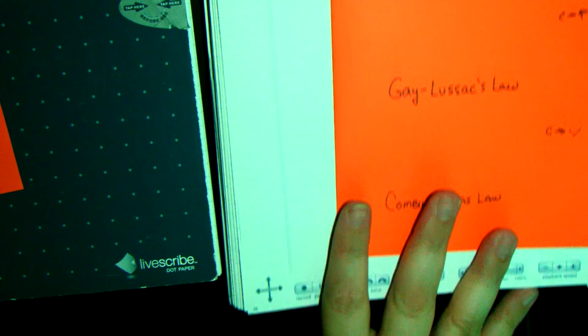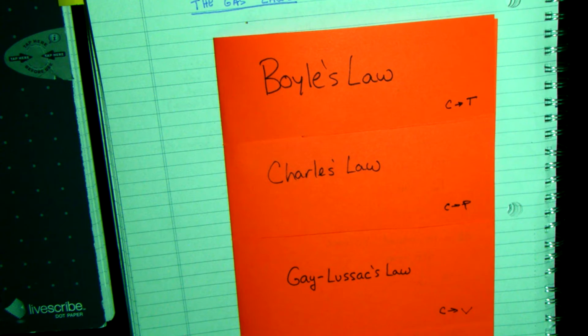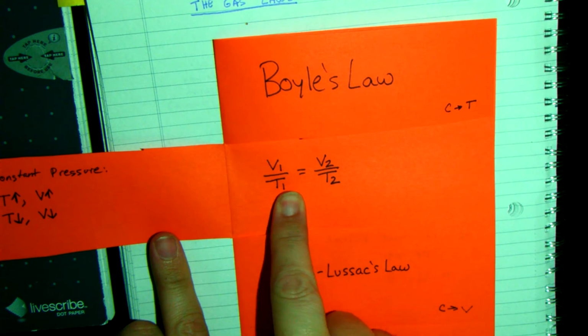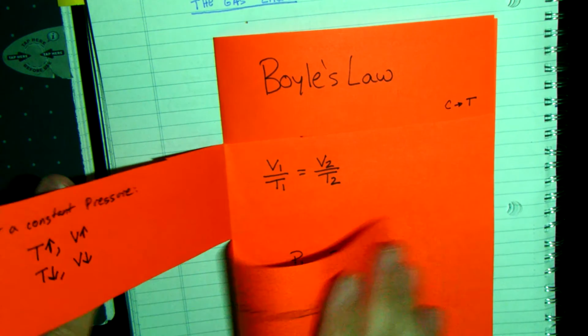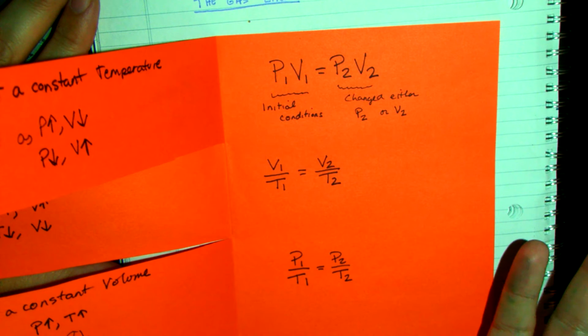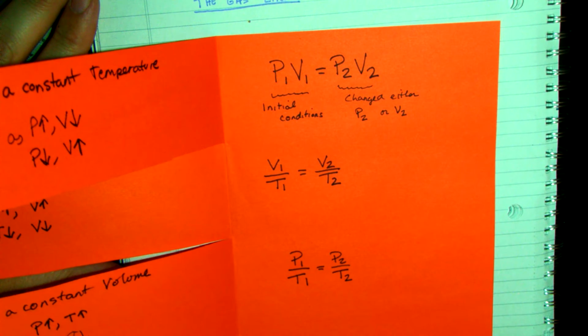And if they only give you, for example, temperature and volume, then you're going to go to the volume and temperature equation. So that's why you want to have all four equations right at your fingertips. If they give you all three values, you know you're going to use the combined gas law. But if they're only giving you two values, then you know that you're going to be using one of the three laws up top.